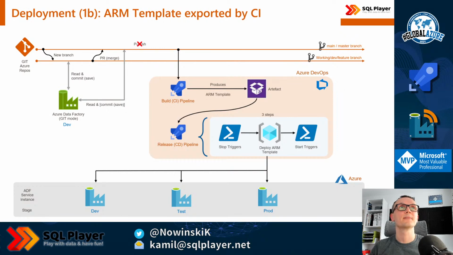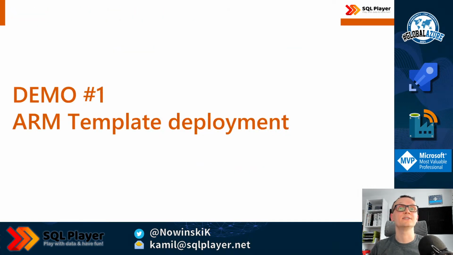Of course, we no longer need the manual publish action, because ARM templates will not be generated in the ADF publish branch. In that way, we can automate these things. Okay, let's move on to the first demo, ARM template deployment.